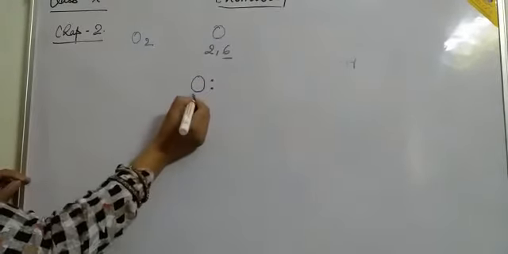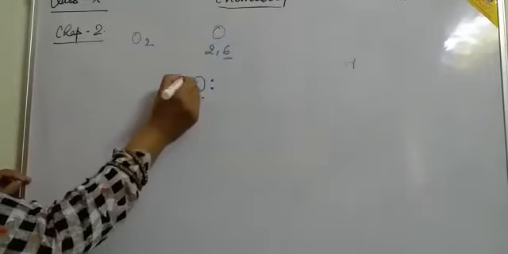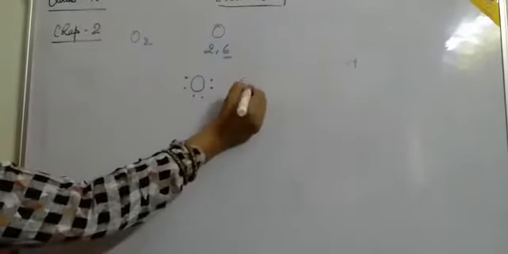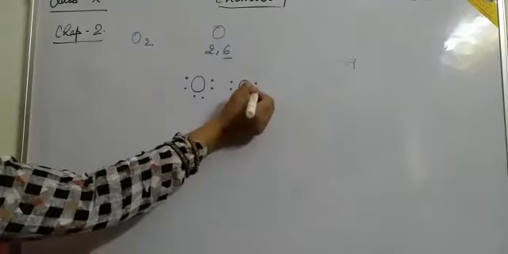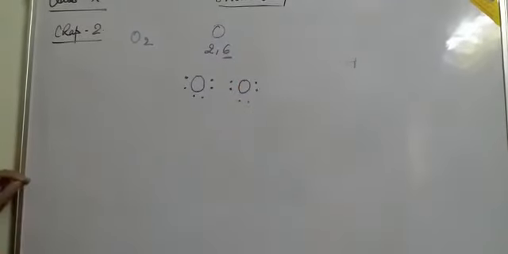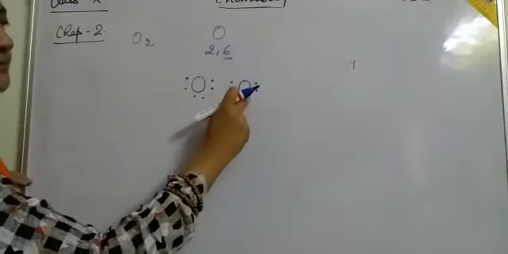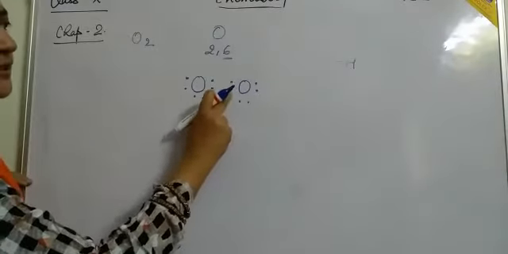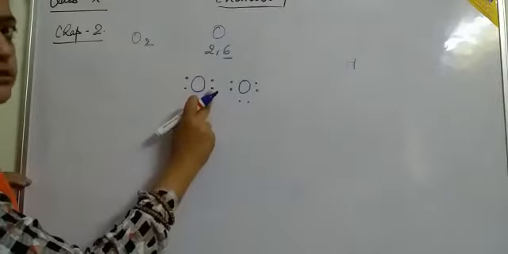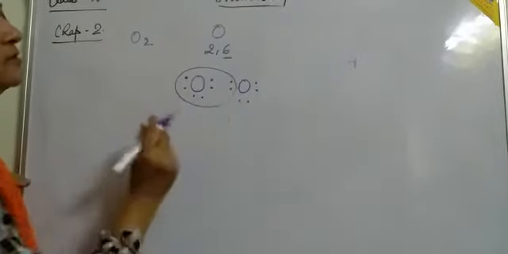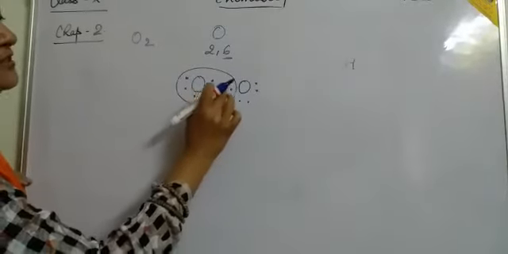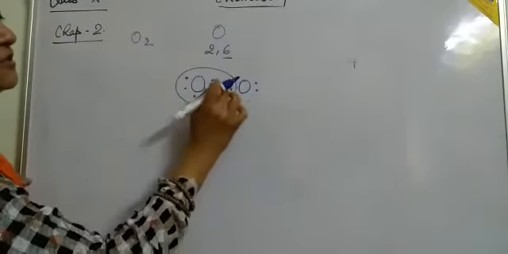You must write 2 electrons in front of the other oxygen, like this: 2, 4, 6. So this oxygen shares its 2 electrons with this oxygen. So the bond formed is like this: 2, 4, 6 and 8, 2, 4, 6 and 8.